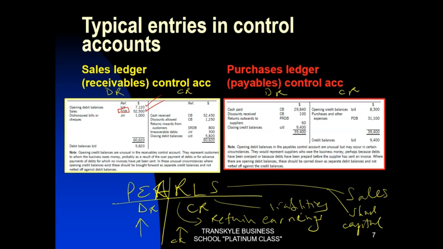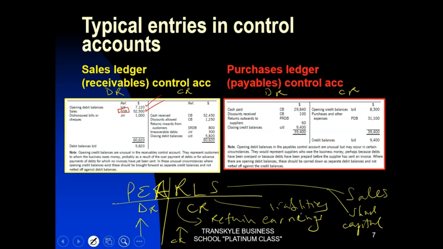Then, when we receive cash from the credit customers, we reduce the receivables, because people have paid. So when they pay, we reduce. But where do we record that in the books of accounts? We record that in the credit part to reduce the debits here.